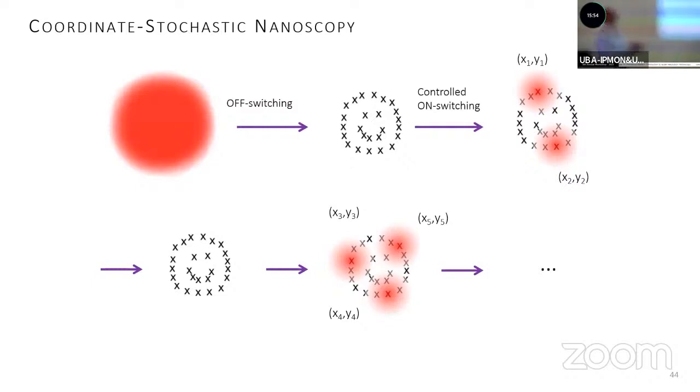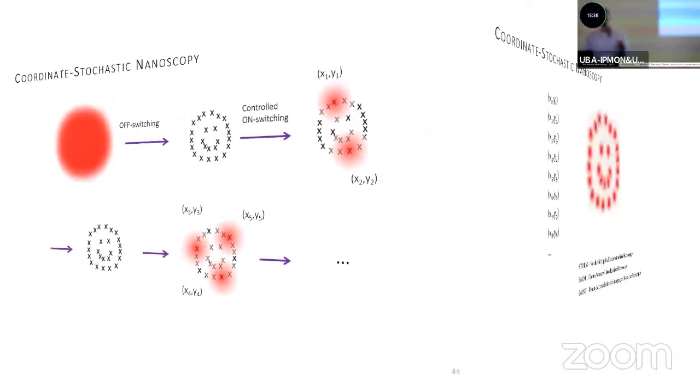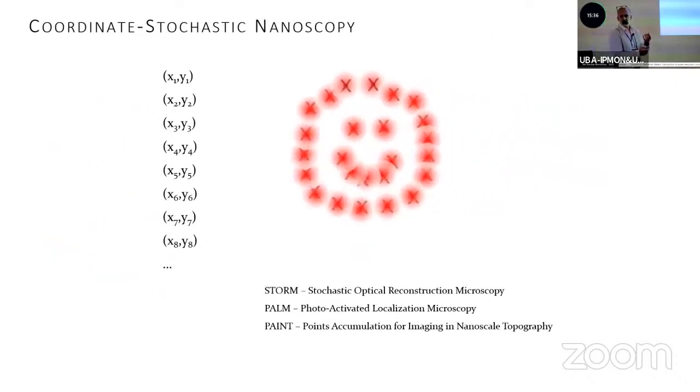But now we switch most of them off, and we switch these 2 on. So we can determine the position of this one and this one. Next, they are off, and other ones switch on. I can take the positions of this one, and so on. So in this way, I end up not with an image, but with a list of positions. Okay?